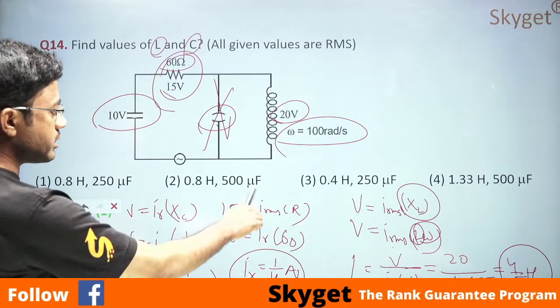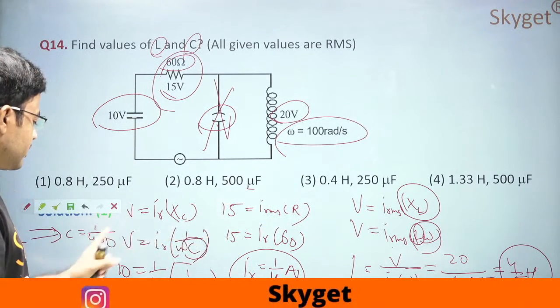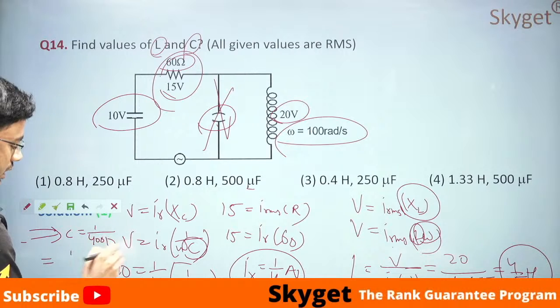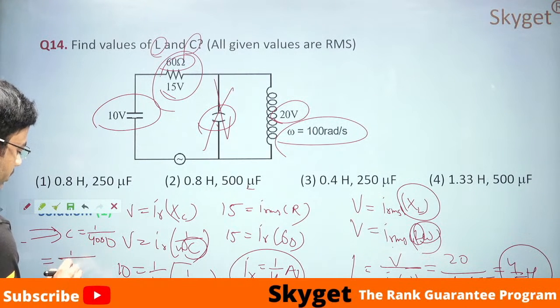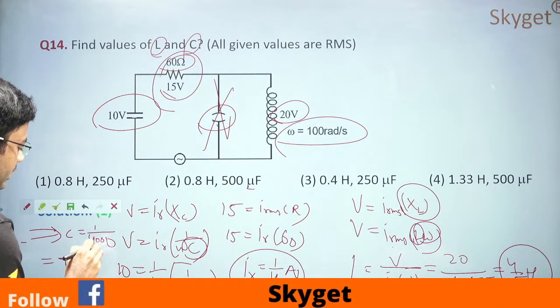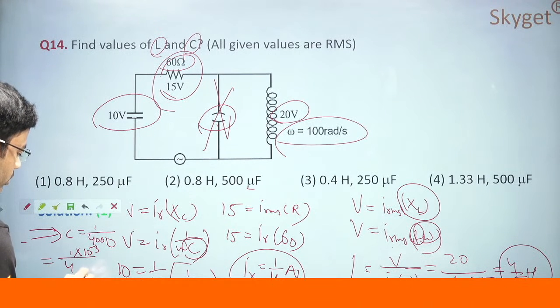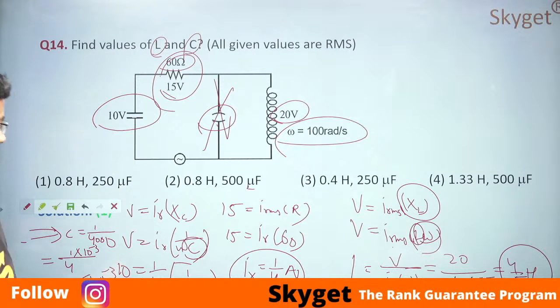But he has given in terms of micro, so you have to convert this in terms of micro. So 1 by 4, you can write it like 1 by 4 into 10 cube, then 1 by 4 into 10 to the power of minus 3. It is 1 by 4 is 0.25 into 10 to the power of minus 3.